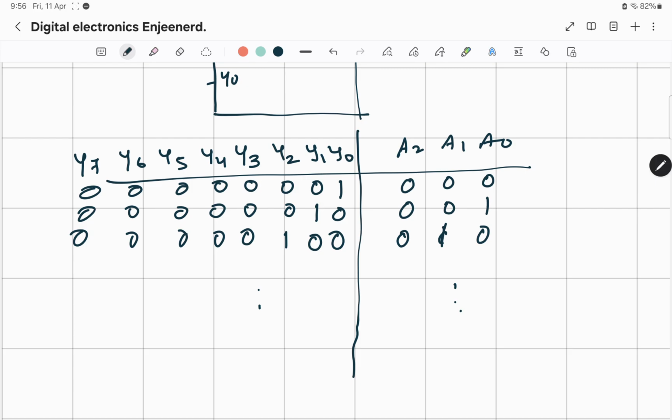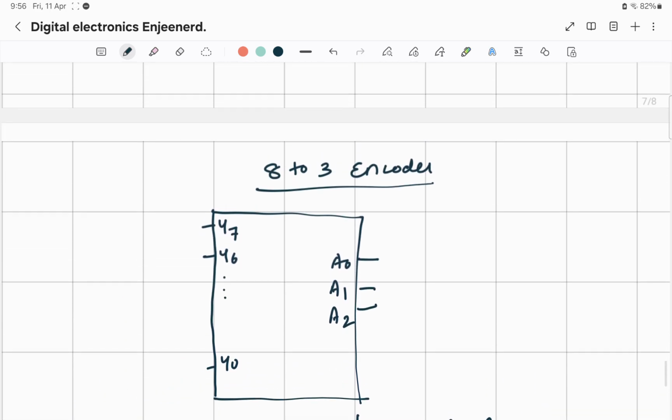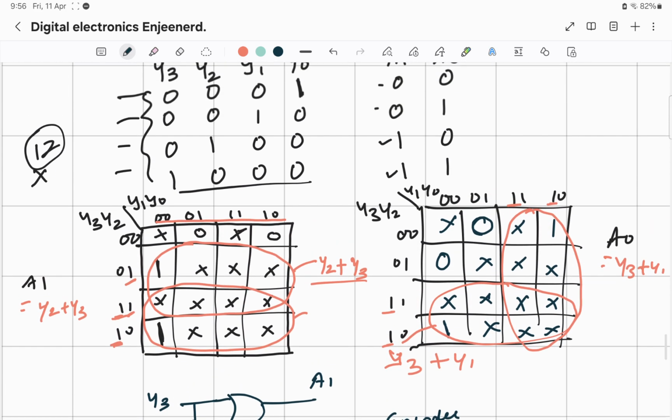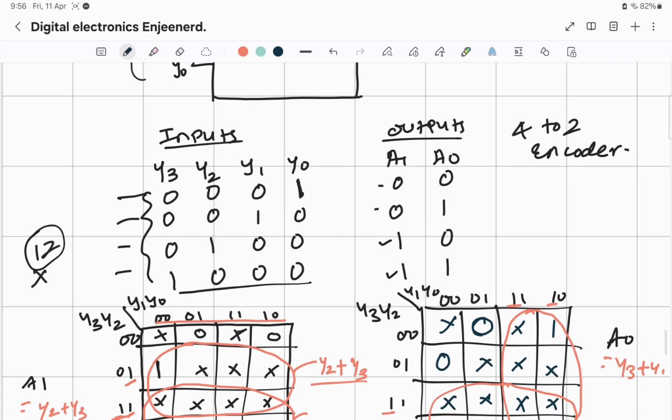For ease of calculations, see here, we did a K-map here. It is simpler to do. It's not the same in the other case. If you want to do calculation right from the truth table, then what is A1 given as? A1 is having 1, 1 here and here.